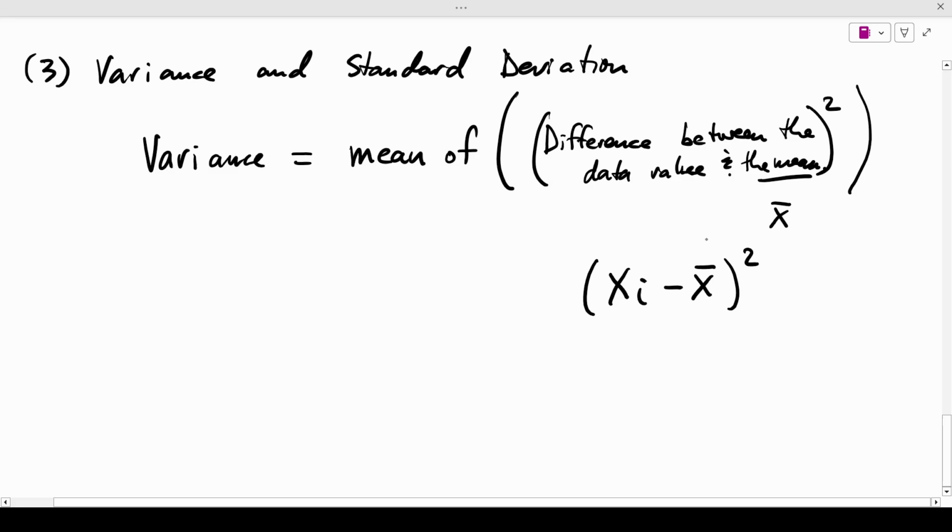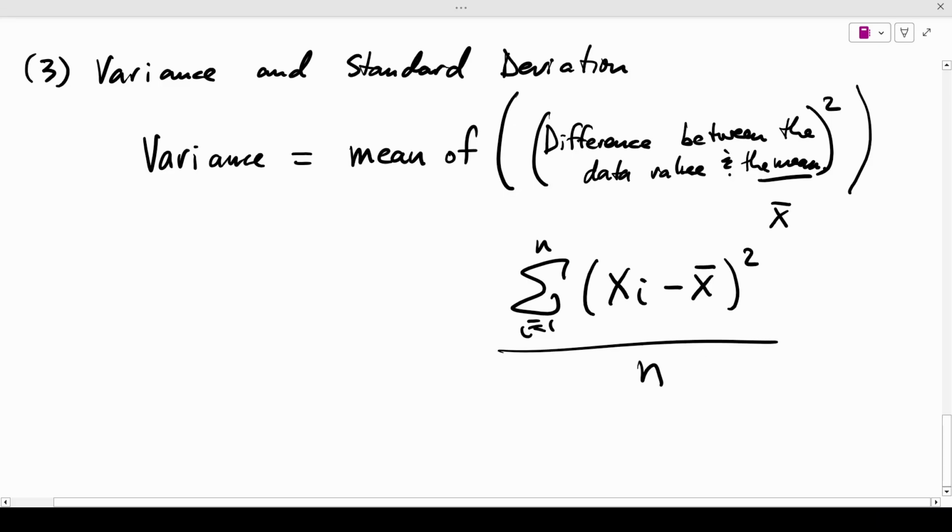The bigger this number is, the more distance there is between the data point and the mean. And I need the mean of this. So in other words, I need to add these all up and divide by how many there are.